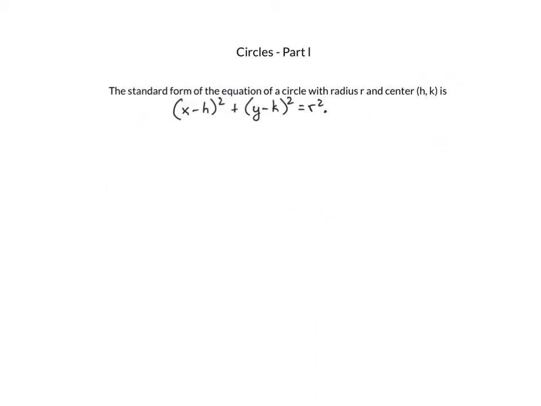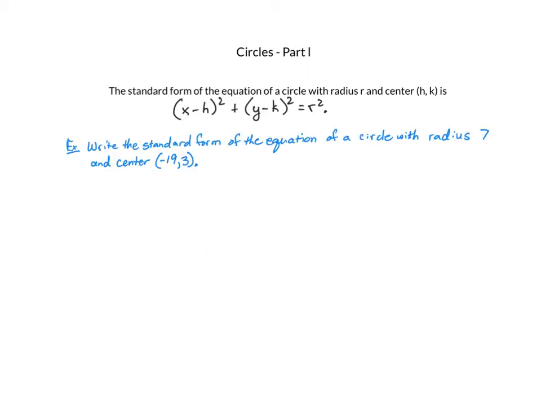Let's use this information now to write the equation of a circle. So let's do this problem. We'll write the equation of the circle with radius 7 and center negative 19, 3. So we can just pop in the center for h, k and the radius for r. So our equation would become x minus negative 19 squared plus y minus 3 squared equals 7 squared.